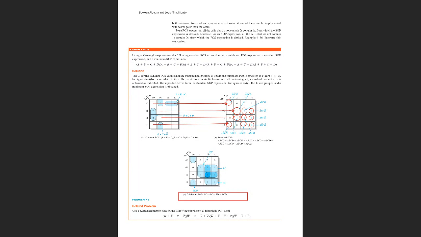So if you want to have the representation of the expression in the POS form, you just take into account the zeros and then minimize by grouping the adjacent cells of zeros. And once you have those groups, you multiply the corresponding expressions.